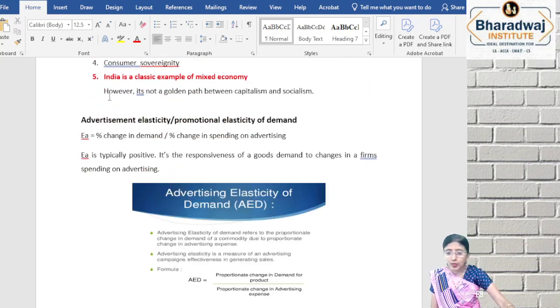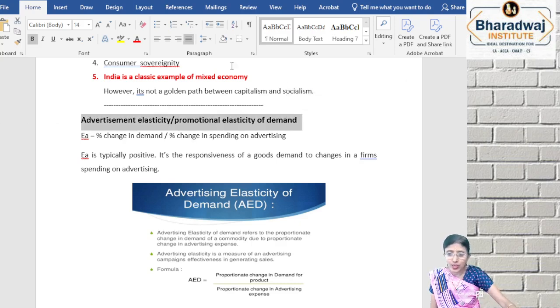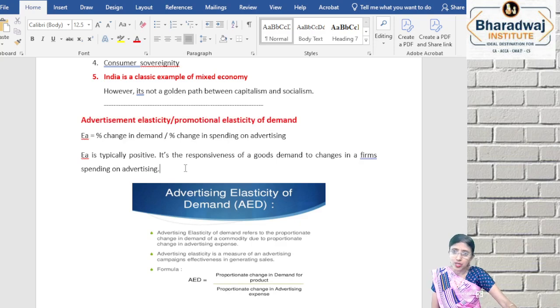Okay. Now come to the next third segment, advertisement elasticity of demand. Now in economics, generally we study only three types of elasticity of demand. Many times we have seen that. Even in our revision we saw price elasticity of demand, income elasticity of demand, cross elasticity of demand. Now the tidbit which is added here is advertisement elasticity of demand, also known as promotional elasticity of demand.